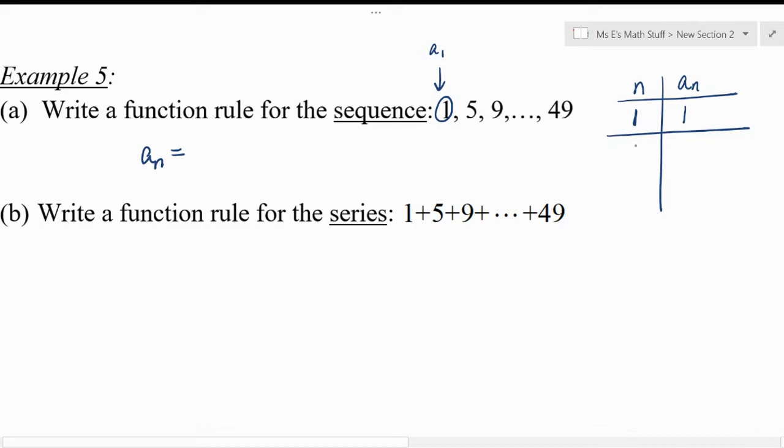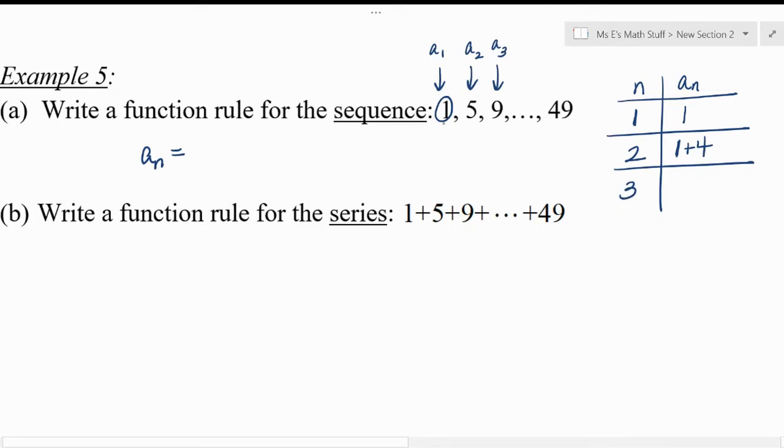And when n is 2, your second term is 5, which was really just that initial value of 1 plus a 4, right? And then your third term is 9.